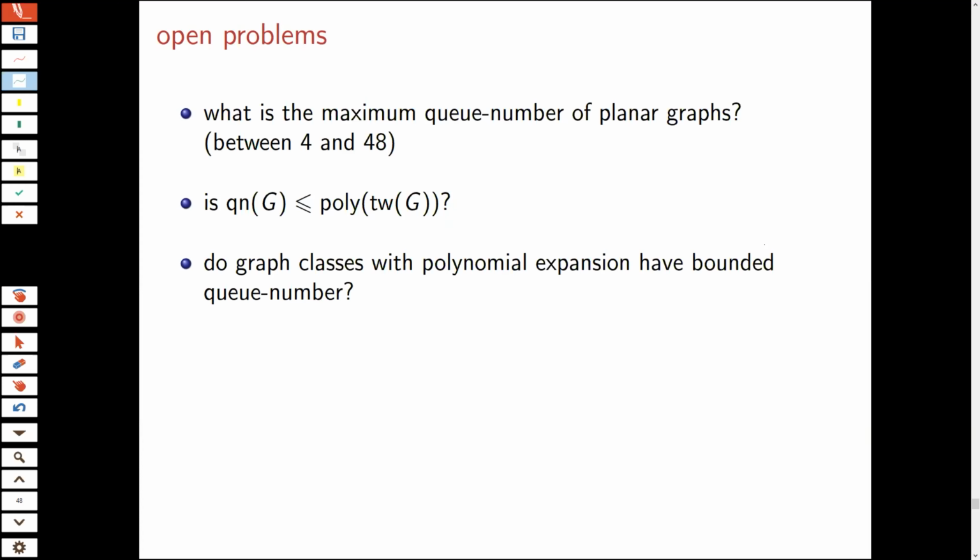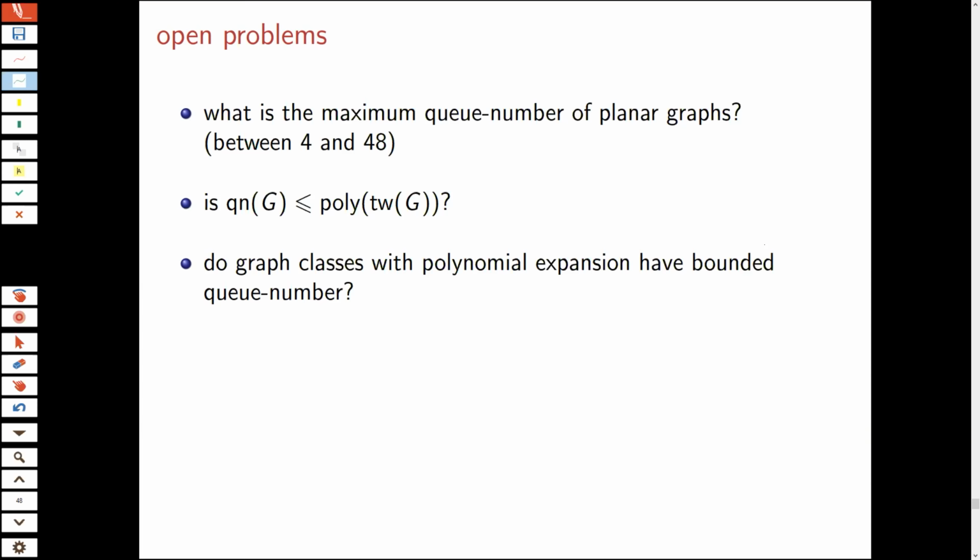But I think a more important question is, what is the largest class of graphs that have bounded queue number? Now, for those familiar with the Nešetřil and Ossona de Mendez polynomial expansion and bounded expansion schemes, a really good question is whether graph classes with polynomial expansion have bounded queue number. And we have absolutely no idea, but I think that's a very good question.